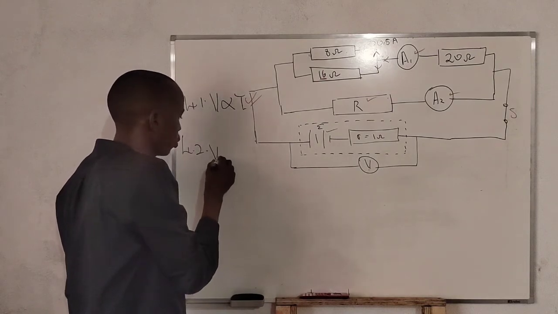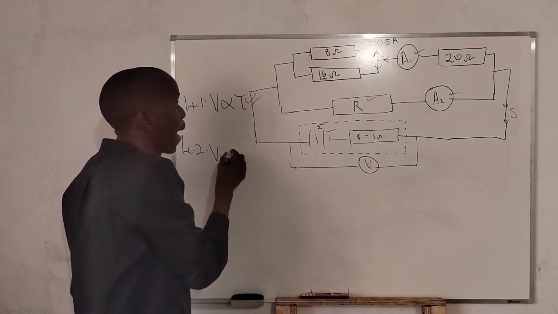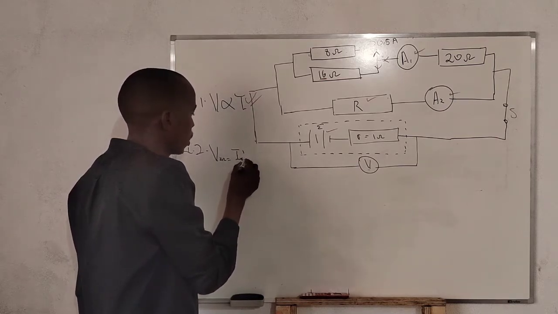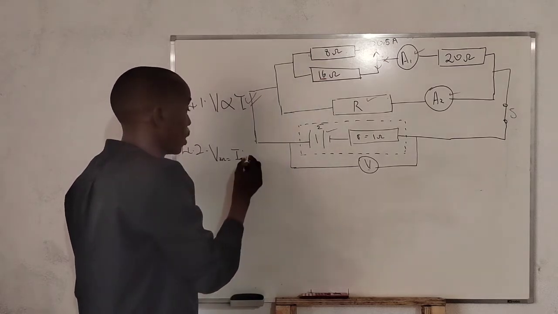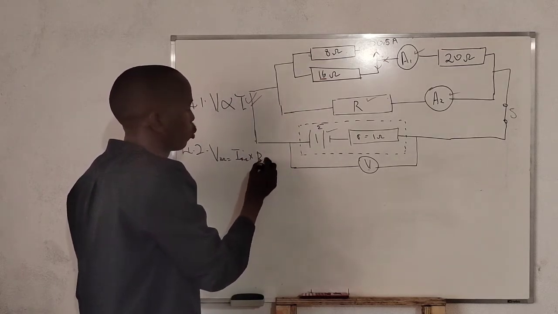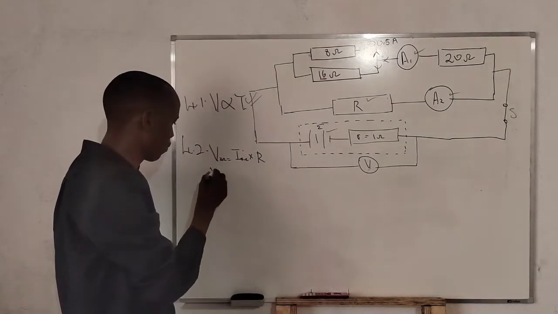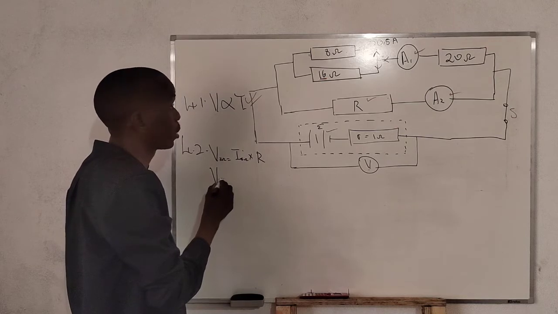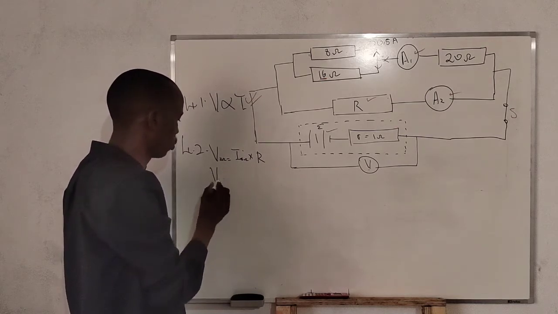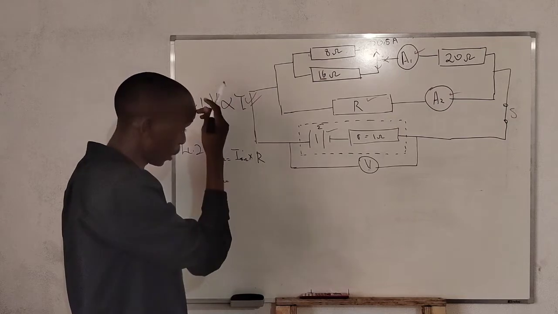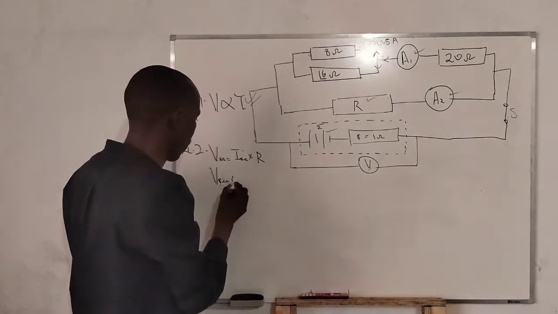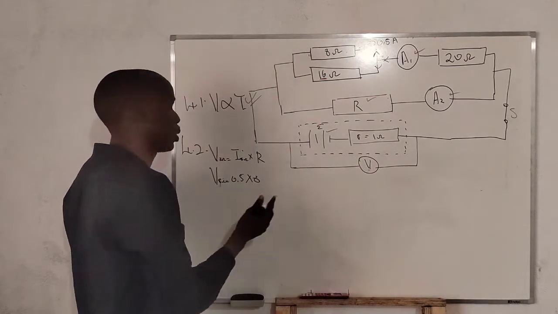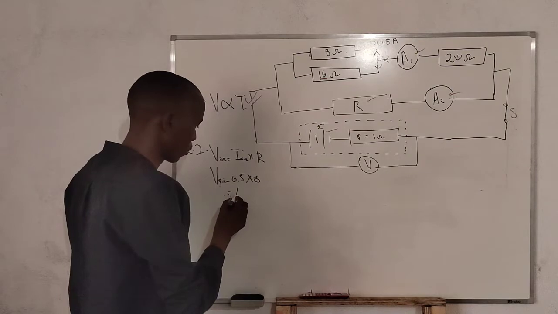So we can find the voltage of the 8 ohm resistor. It is given by the current passing through that resistor times its resistance, which is 8 ohms. The current is 0.5 times 8, which is 4 volts.